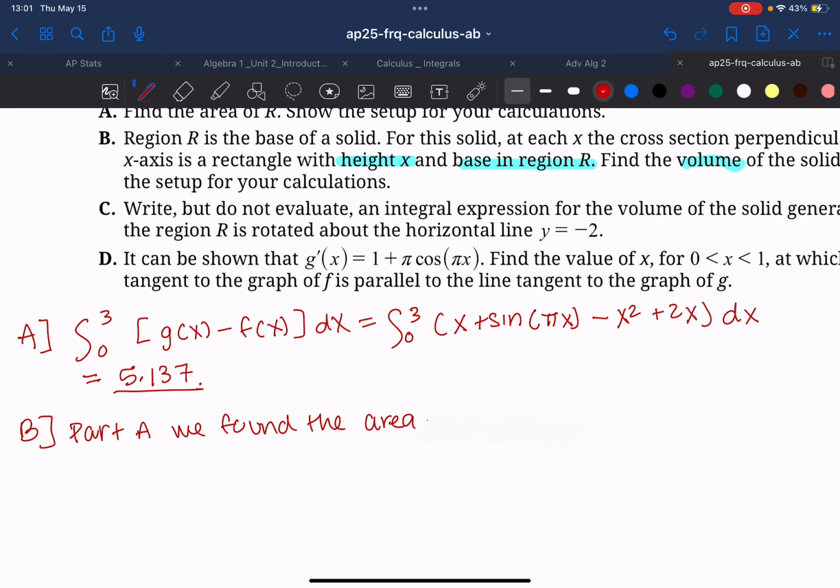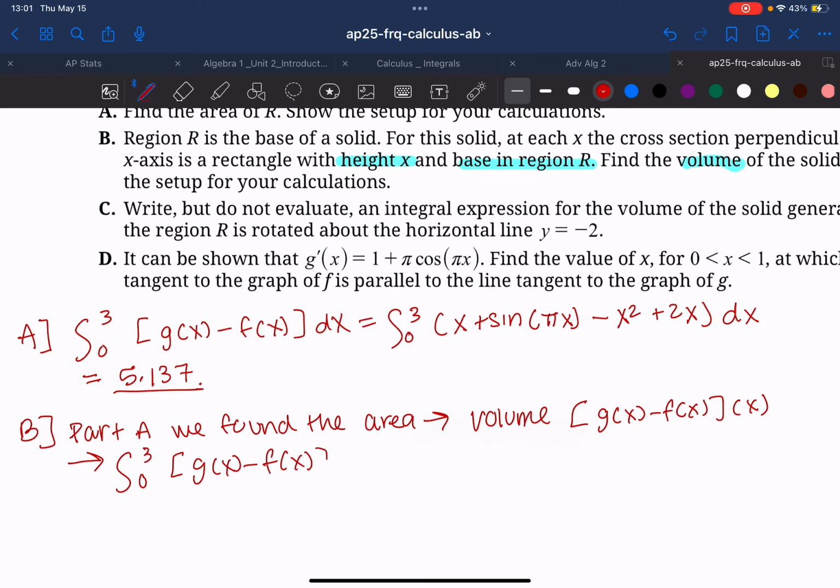So in order to find the volume, we're going to take the area, which is the g of x minus f of x, and multiply it by x, because x was the height of the solid. So then plugging it in, we have the integral of 0 to 3 of g of x minus f of x times x dx.